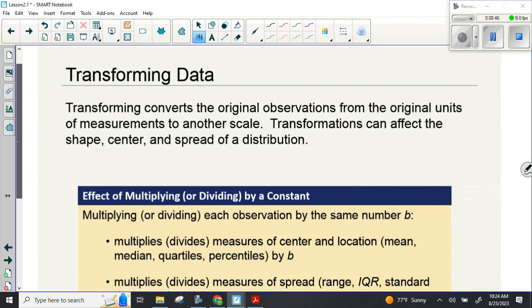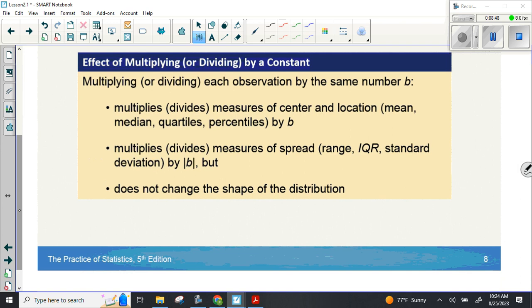All right, so also you can transform data by multiplying. It says multiplying or dividing, but if you're going to transform data, I recommend always multiplying. Multiplying by a fraction is the same thing as dividing. So I try to keep it close to multiplication. If I'm going to divide by 3, I just multiply everything by 1/3.